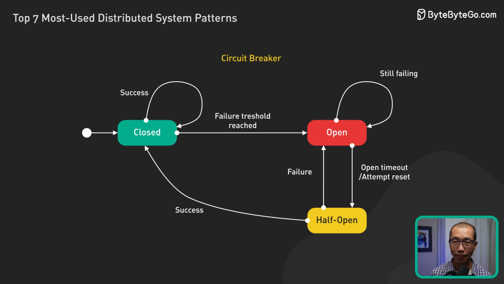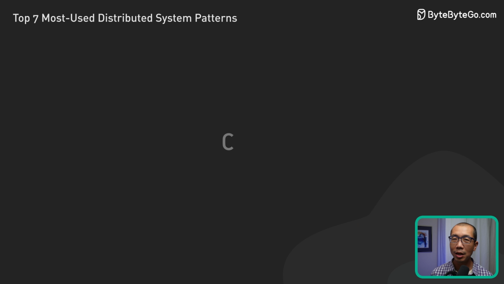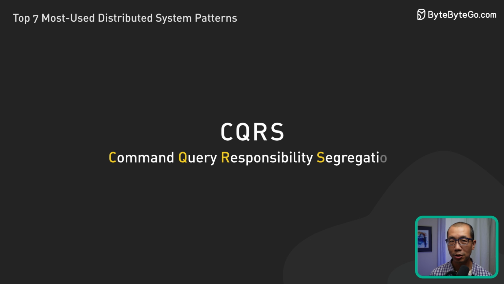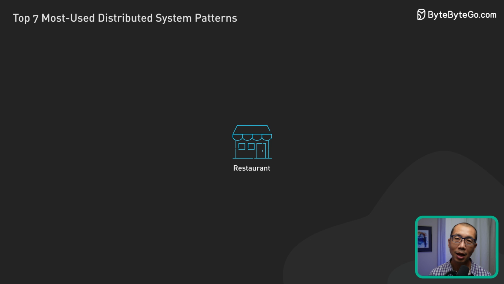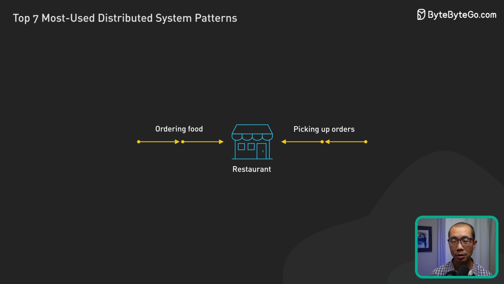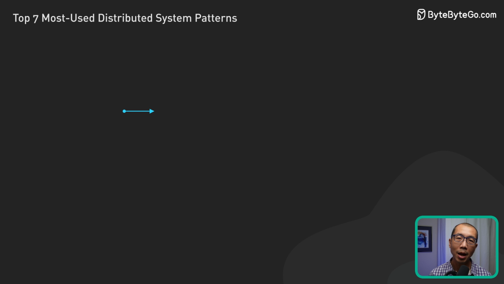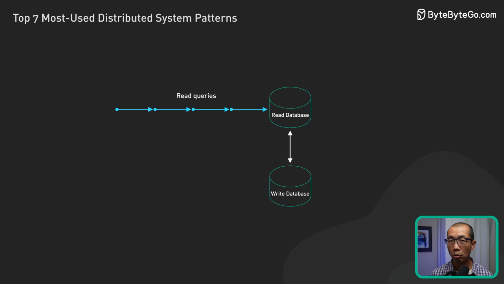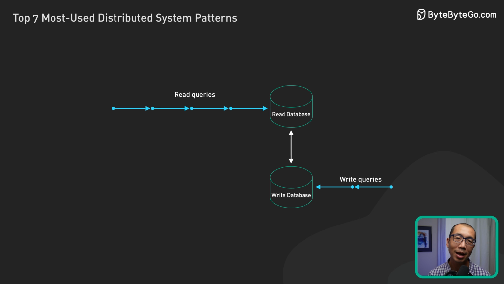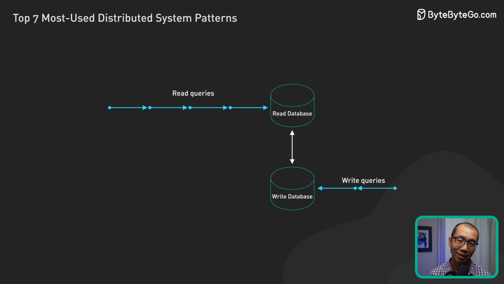The third pattern is CQRS, or Command Query Responsibility Segregation. CQRS is like having a restaurant with separate lines for ordering food and picking up orders. By separating the command or write operations from the query or read operations, we can scale and optimize each independently.